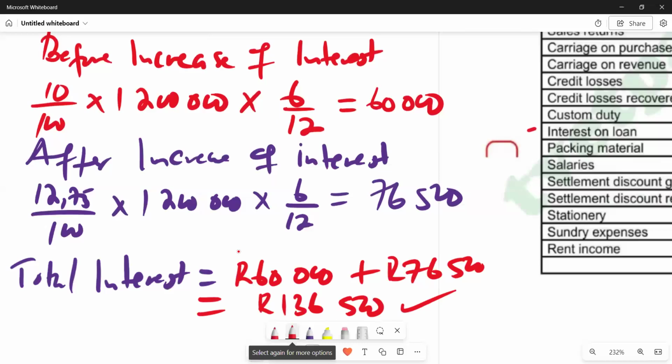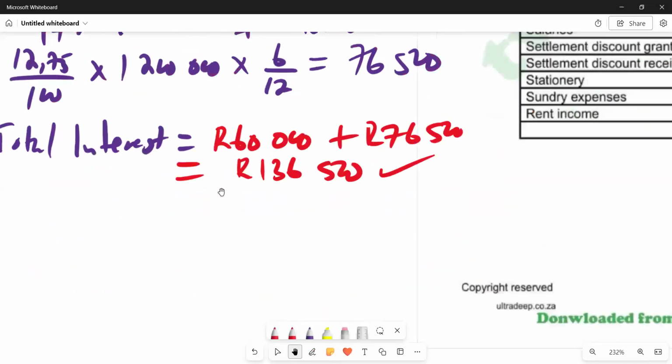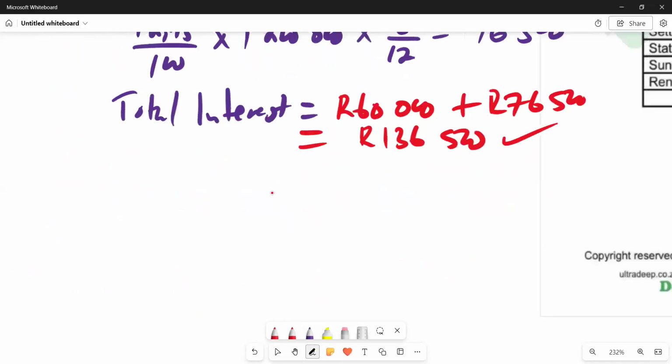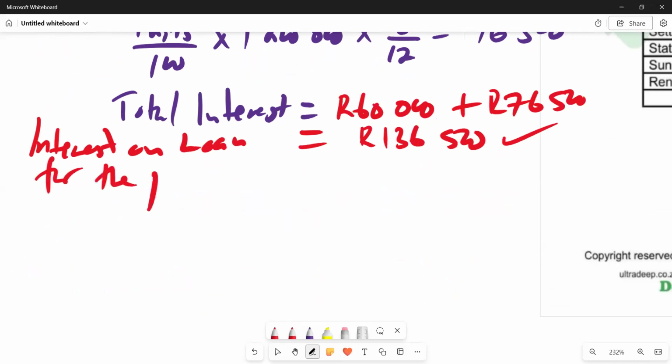This figure is the interest that is supposed to be for the period. So basically, this is interest on loan for the period, that is for our current financial year.